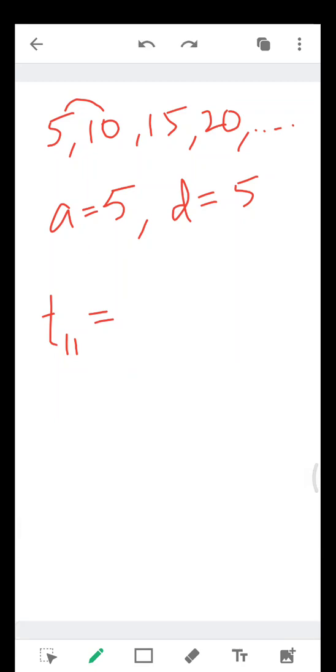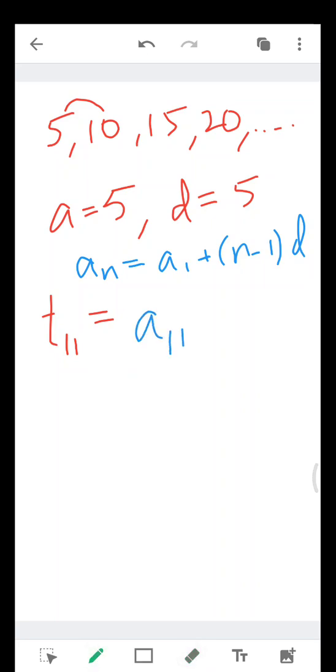A of n or T of n, both are same. You can write A of n or you can write T of n. So A of n is A1 plus n minus 1 into D. Here I wrote T11, that is the 11th term. If you want, you can write A11 also, T11 or A11, both are same.